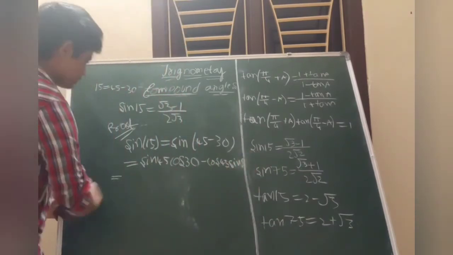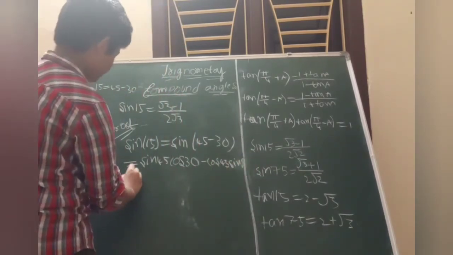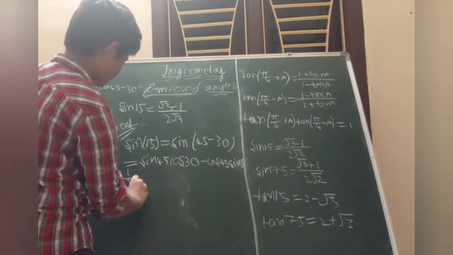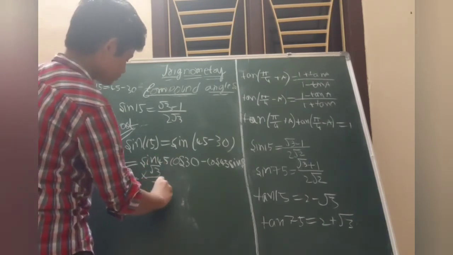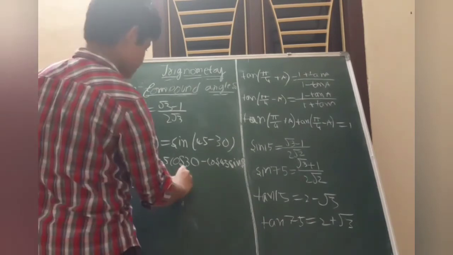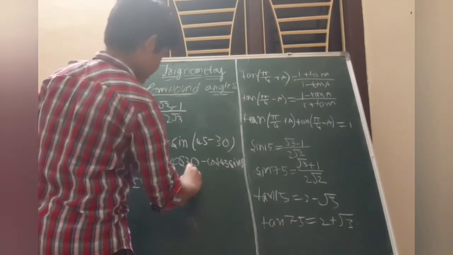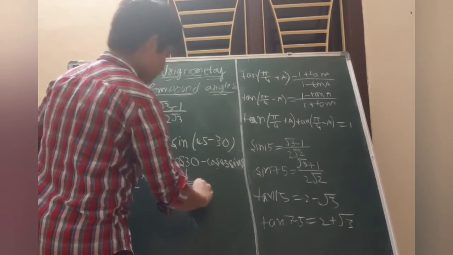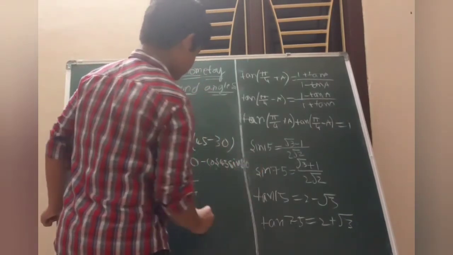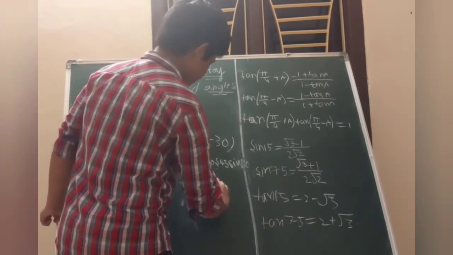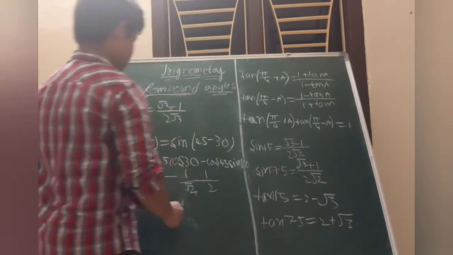So from here, we know that sin 45 is equal to 1 by root 2 and cos 30 is root 3 by 2, minus cos 45 is again 1 by root 2 and sin 30 is 1 by 2.